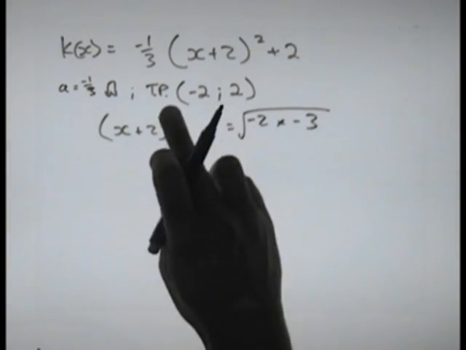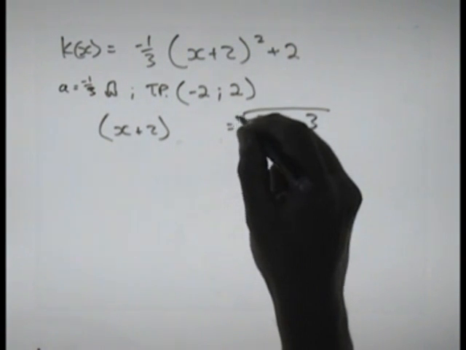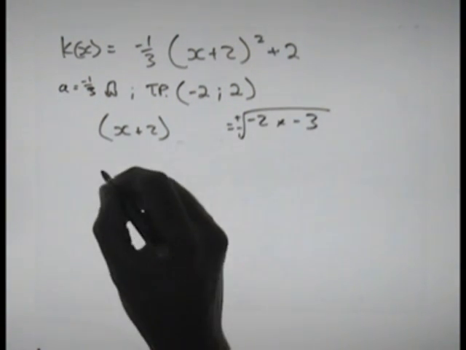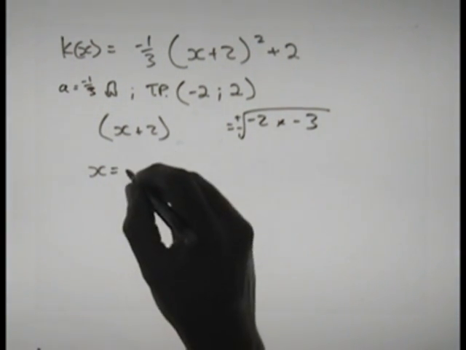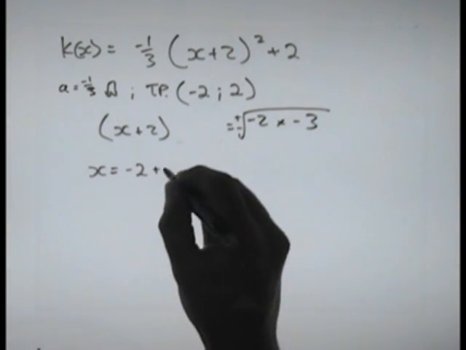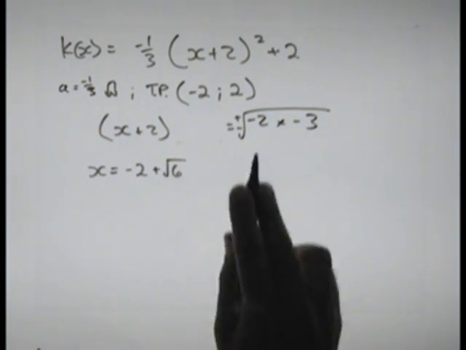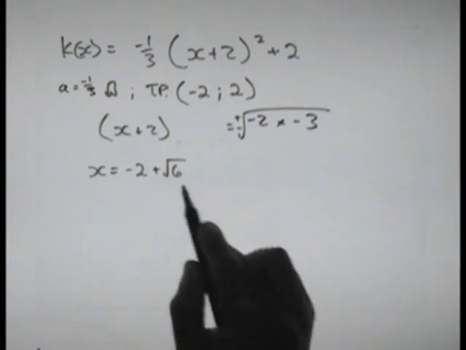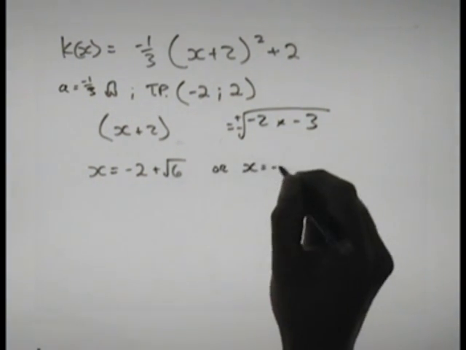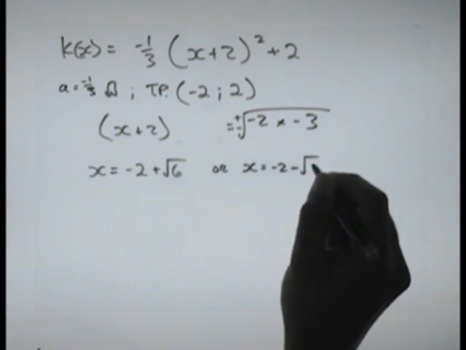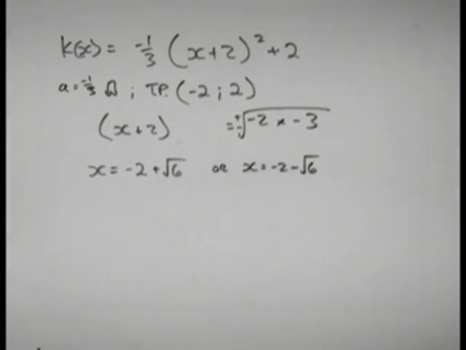And I square root all of that to get rid of the square, plus or minus. That means that x is equal to, take the 2 across, -2 plus square root of 6. 2 times 3 is 6. Negative times a negative is positive. Or x is equal to -2 minus square root 6.